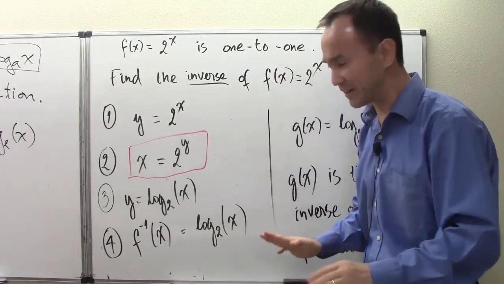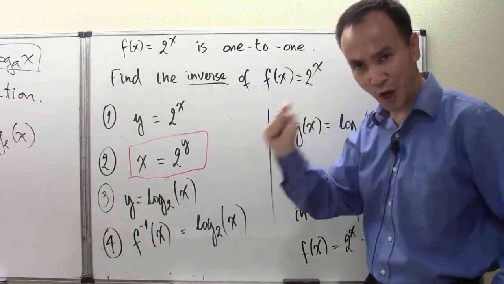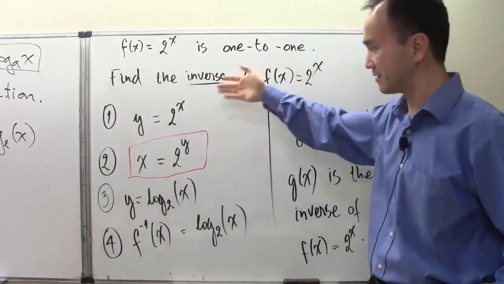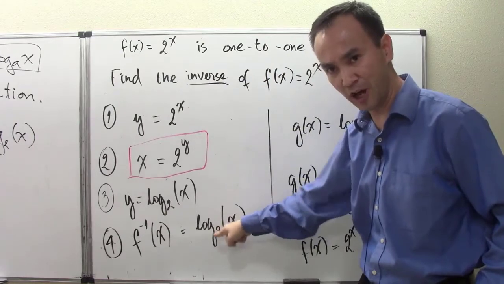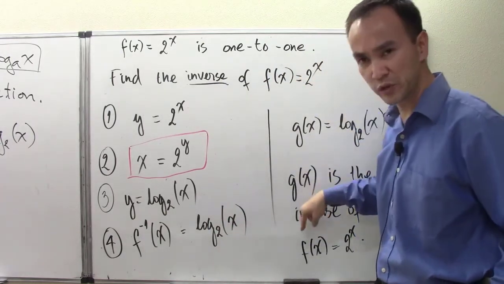Alternatively, we can think of another way. I'm still looking at solid math work to explain that this function, log base 2 of x, is the inverse of 2 to the x.